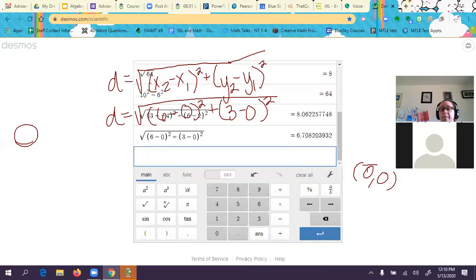Do you see where you went wrong, Malachi? I wonder if you just forgot to square root. Yep, you just forgot to square root. I don't know, maybe it didn't take it.